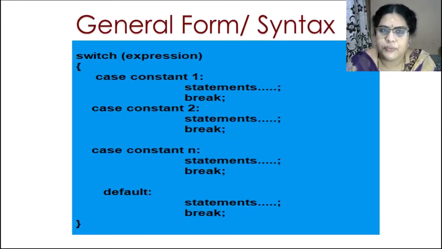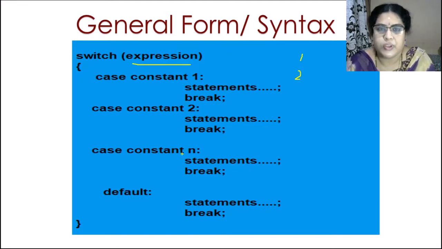Say I have constant 1, constant 2, and you can have any number of cases here. If I say constant 2, it is not going to match this particular case. It will come directly to case 2 and execute this particular block.